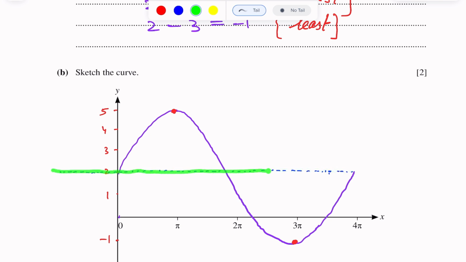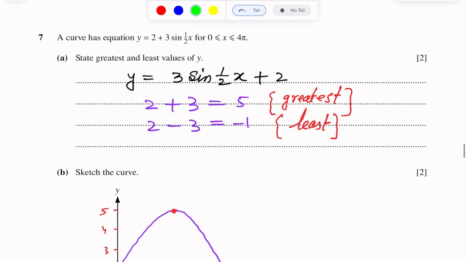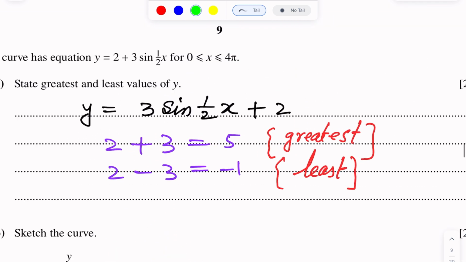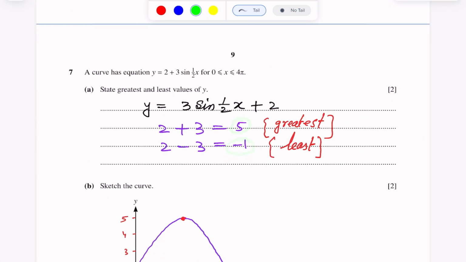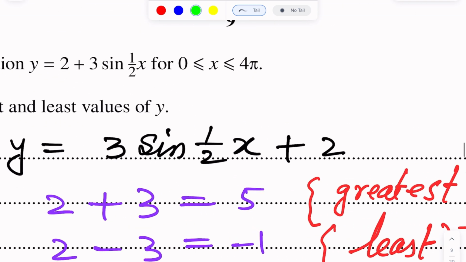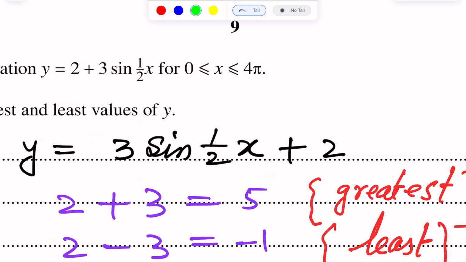The sine wave starts from 2, and the maximum point is clearly 5 and the minimum point is -1, up to 4 pi. How will we find the period of the function?